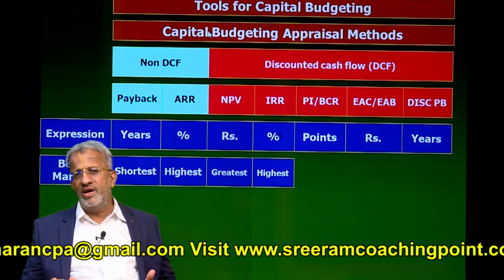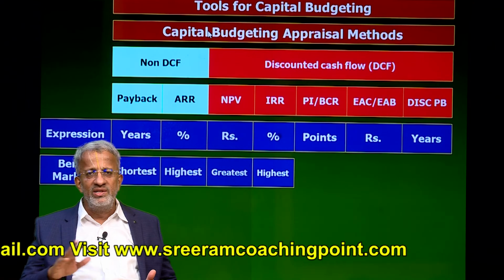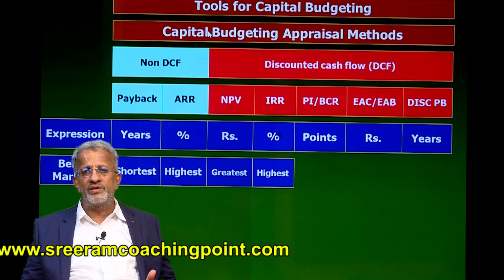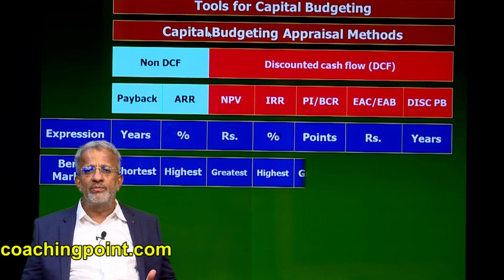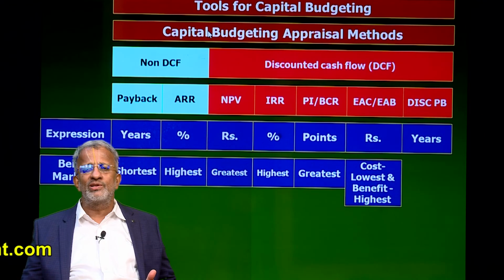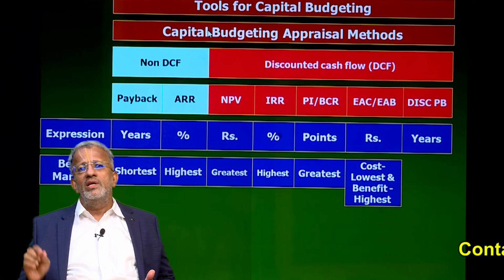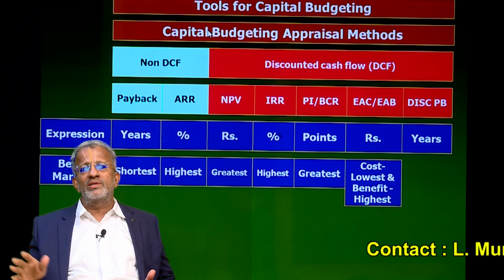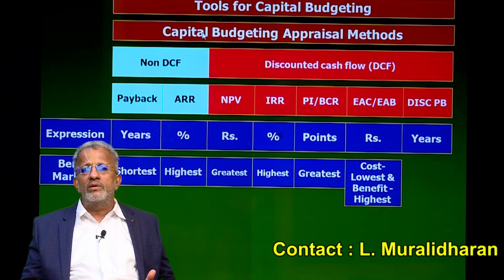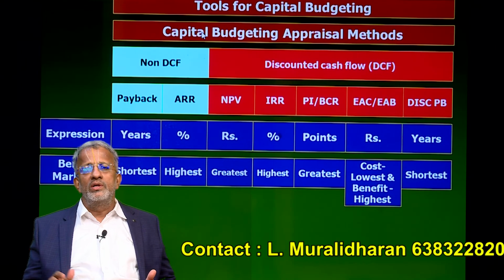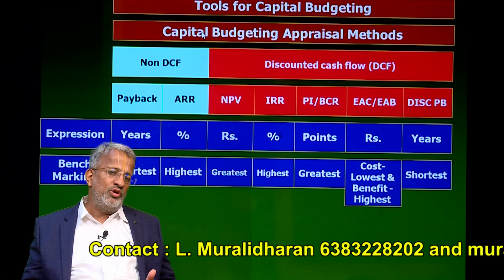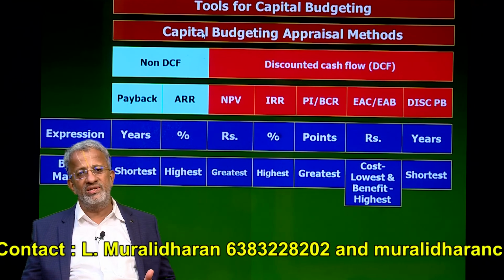As you know, IRR and ARR have the same form of expression, in terms of highest percentage. Points also greatest. In terms of cost, lowest: equated annual cost would mean lowest, equated annual benefit would mean the highest. Then the last one, discounted payback, is on a shortest basis only.